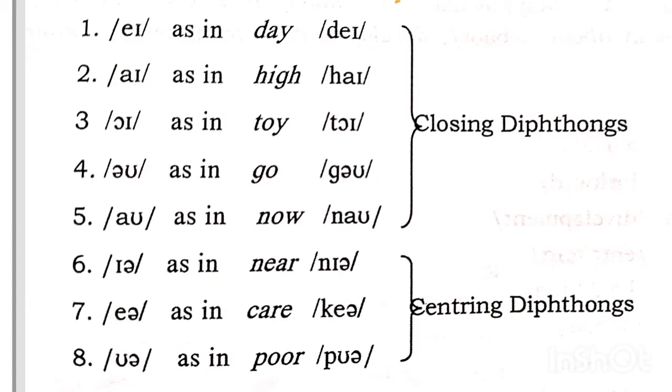That is not front, not back. It is center. Near. Care. Poor. Just observe and you can find that the glide movement is towards the center for centering diphthongs.